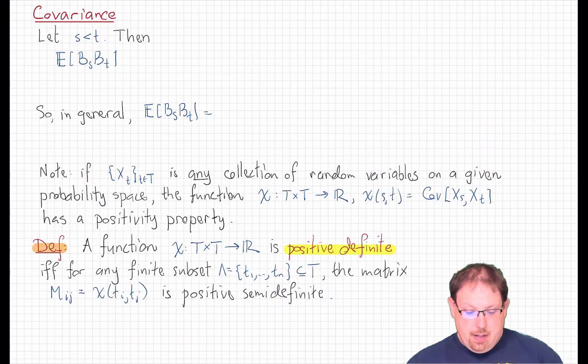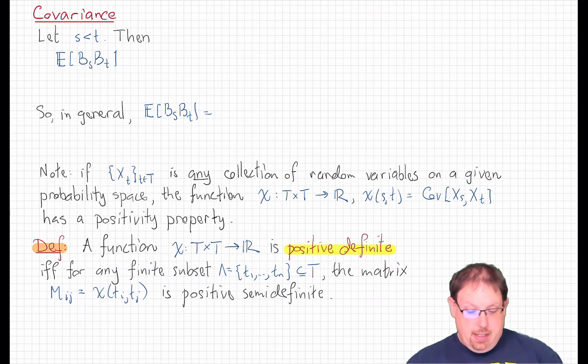That is to say, for any s less than t, let's look at the expected value of B_s times B_t. That's the same thing as the covariance in this case. The covariance is defined to be the expected value of the centered versions of the random variables, but Brownian motion is already centered at each time, so this is the covariance.